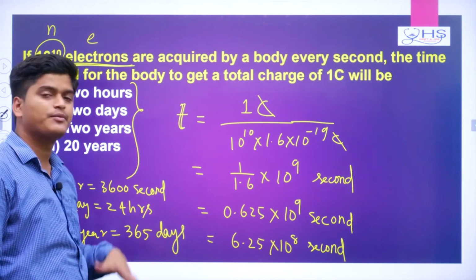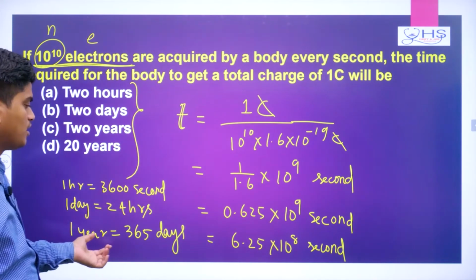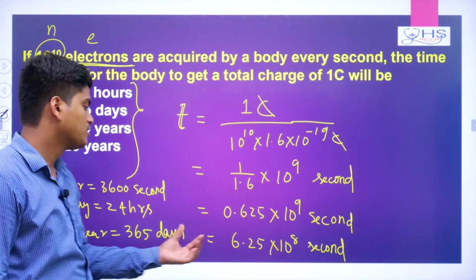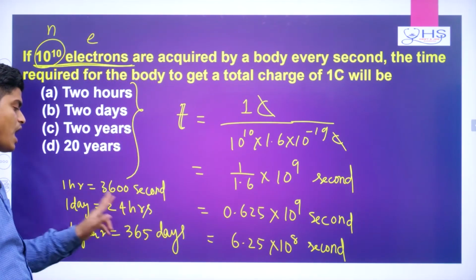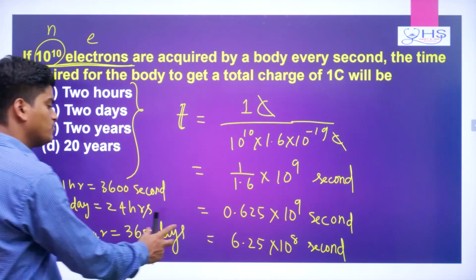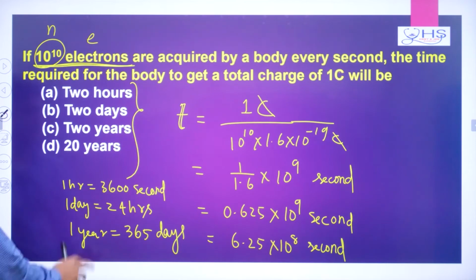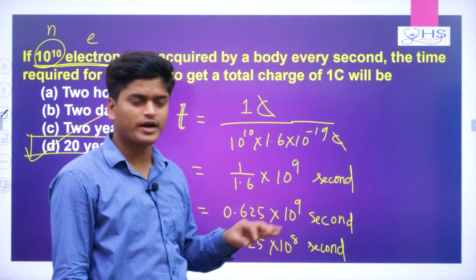So you convert this much seconds: days to hours and hours to seconds. Then you divide this value here, and you'll get everything in years. If you check correctly, it will come to around 20 years.